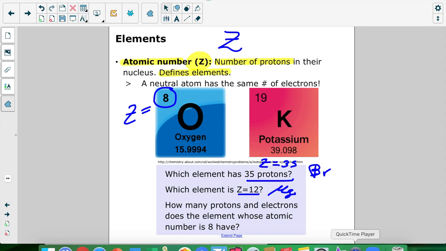So the question is, how many protons and electrons does oxygen have? Because oxygen has a Z of 8, it has 8 protons. And if they don't tell us that oxygen is an ion or that it is charged, we assume that it's neutral. So that's why it's also going to have 8 electrons.